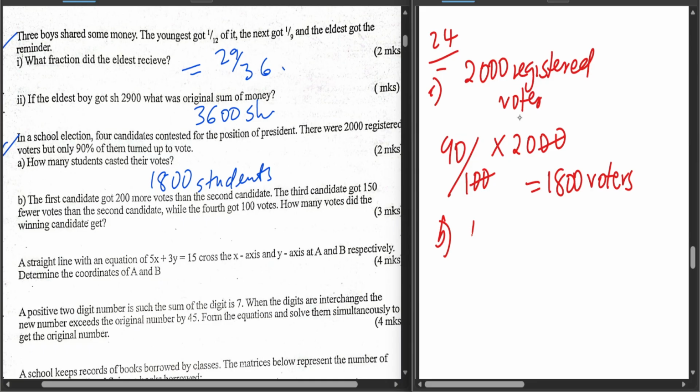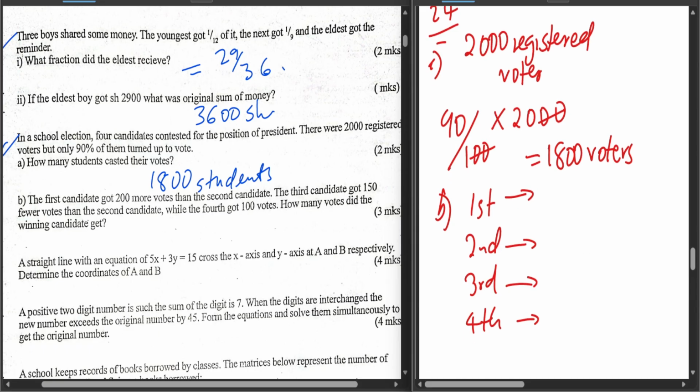So let's assume there's the first, there's the second, and there's the third. The third candidate got 150 fewer votes than the second candidate, while the fourth candidate got 100 votes. How many votes did the winning candidate get? So let's start with the fourth one. The fourth one got 100 votes.